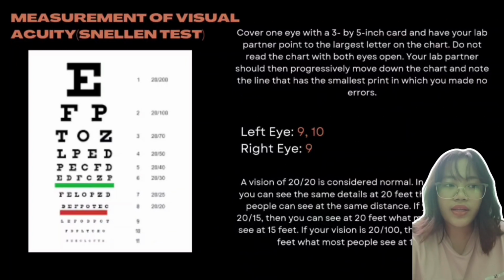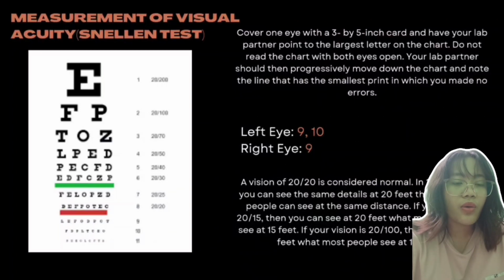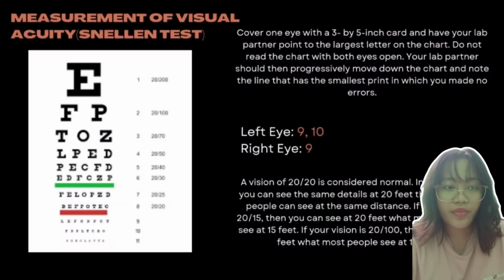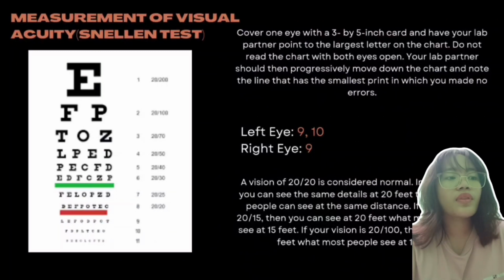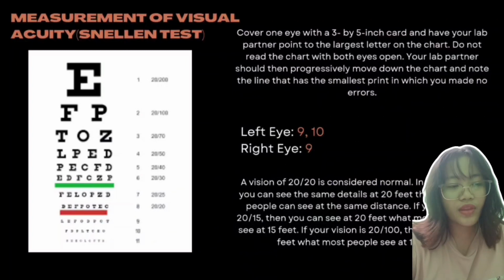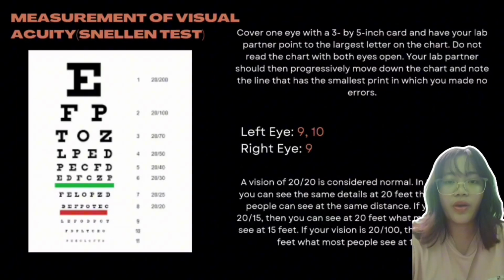So, as we have recorded, in the left eye, we can only read correctly up until line 9 to 10. In the right eye, we were able to read the letters correctly up until line 9, which is considered normal vision.